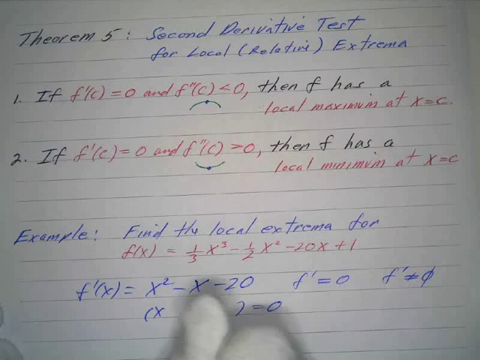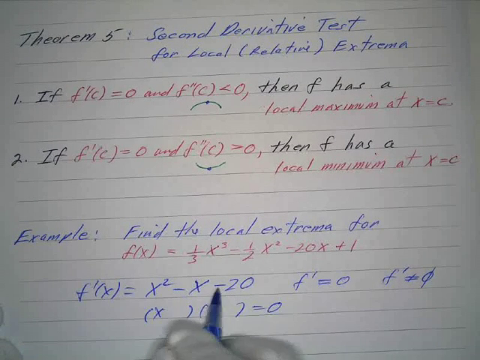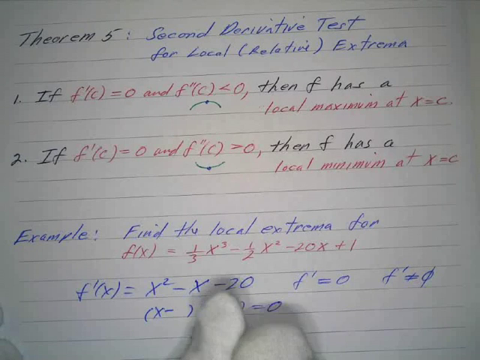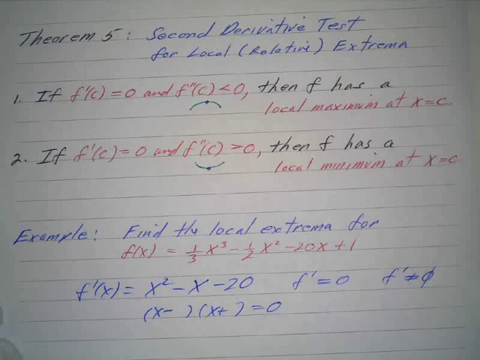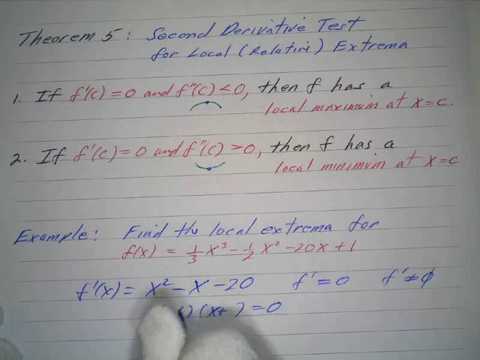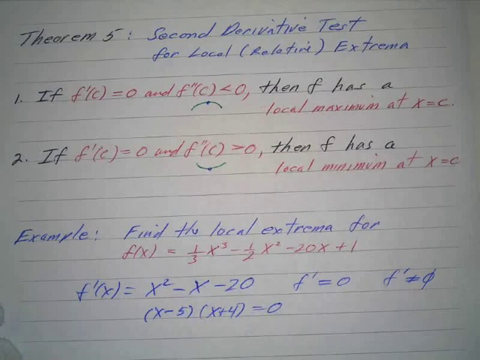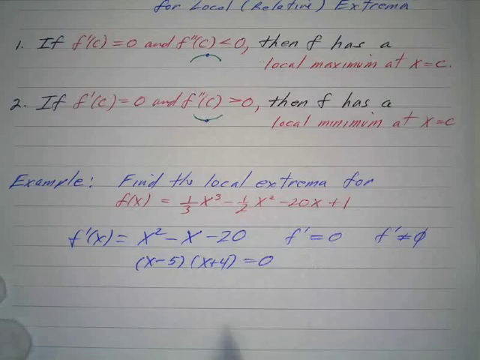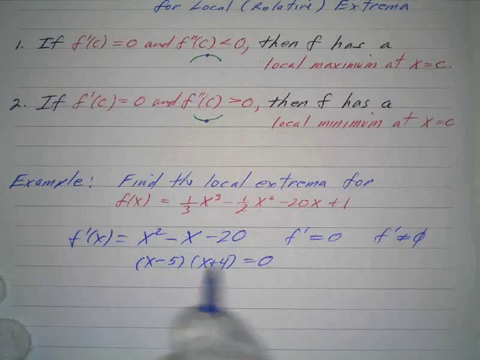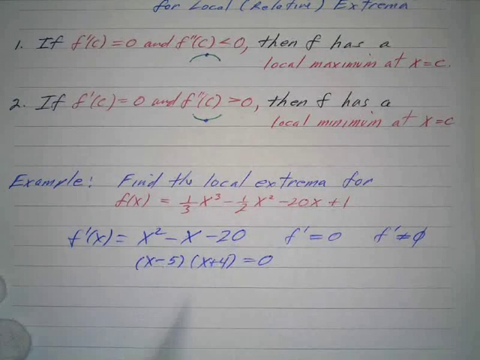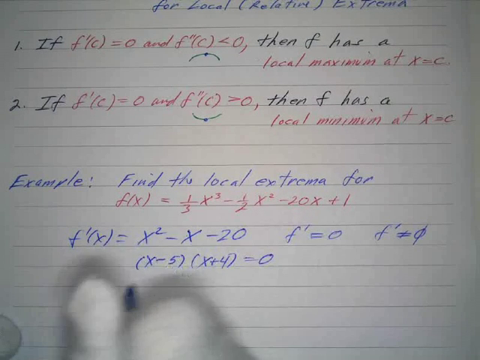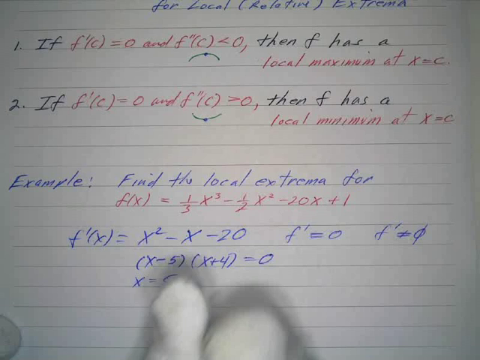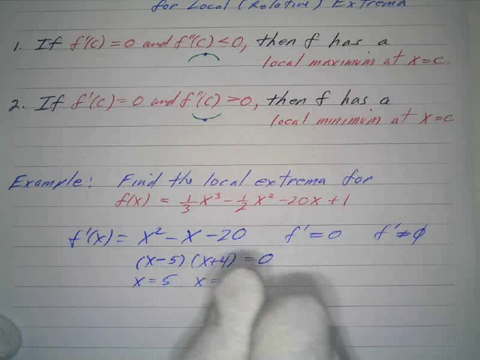That would be x and x. And remember, the signs are different, so I can say negative, positive, and multiply to give 20, 5 and 4. Now we always want to check this because we've had some problems before. This is negative 5x plus 4x is negative x, and that's negative 20. So that's good.